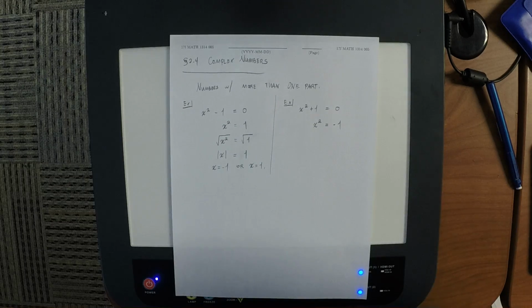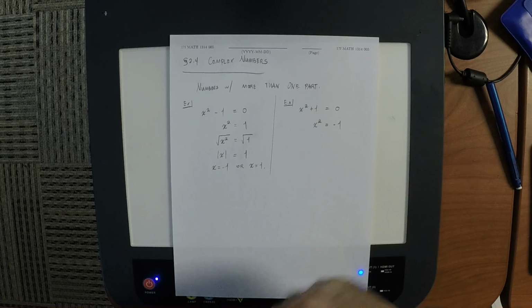Because no real is going to square to negative 1, right? A positive real wouldn't do it, because if you squared a positive, you'd get a positive number. 0 won't work, because 0 squared is in fact 0. And a negative real wouldn't work, because if you square a negative, then you get something that's positive.